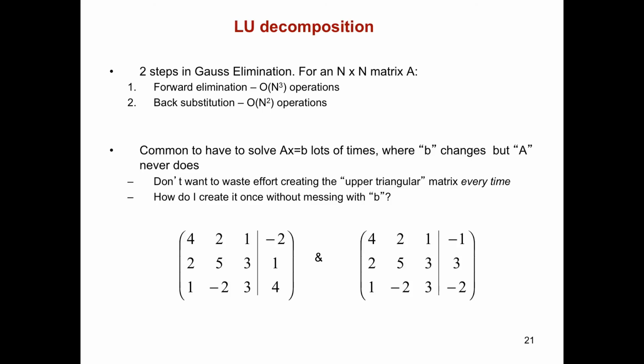And what it's actually saving us is that the process of LU decomposition will decompose A into a multiplication of L and U, L being a lower triangular, U upper triangular matrix. And in that case, I'm actually doing the forward elimination step of Gaussian elimination only once.